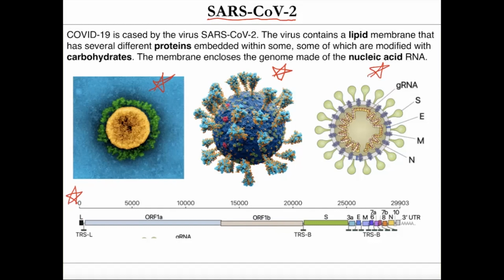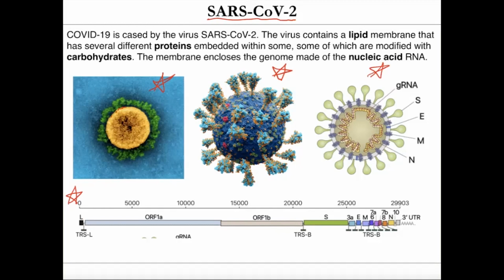If we just look at the virus, we can already see how these four classes of biomolecules are so important and impact your life. If we look at the SARS-CoV-2 virus, it contains a lipid membrane. There are a lot of different types of viruses, and SARS-CoV-2 just happens to be a lipid enveloped virus.